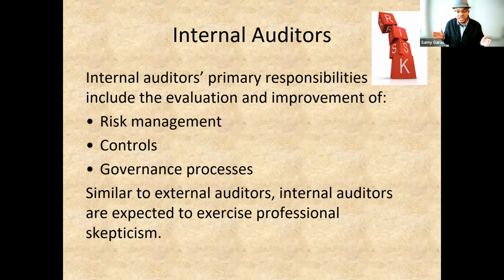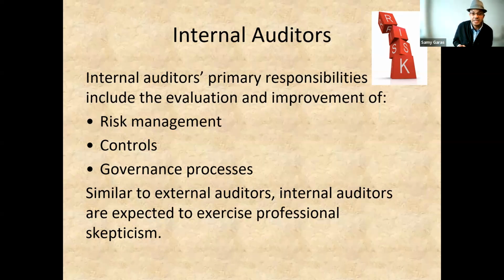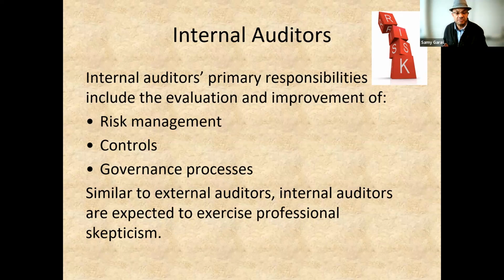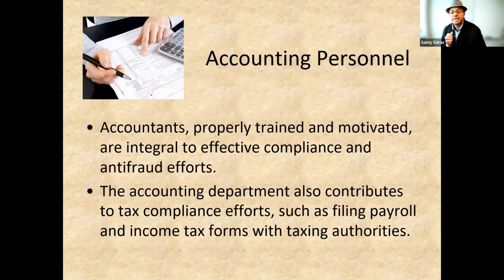And they make sure that there are enough controls to reduce this risk and enforce the corporate governance structure throughout the company. They are similar to the external auditor, but they don't go into the financial reporting per se. They are into the operation, and the external auditor is into the financial reporting.